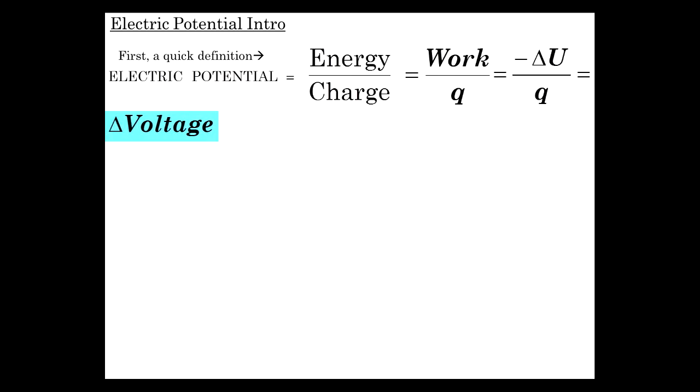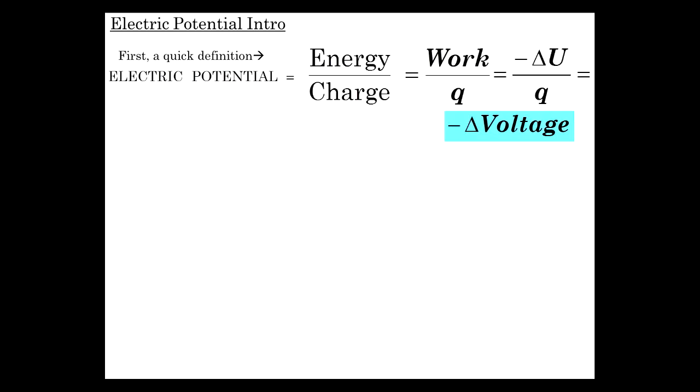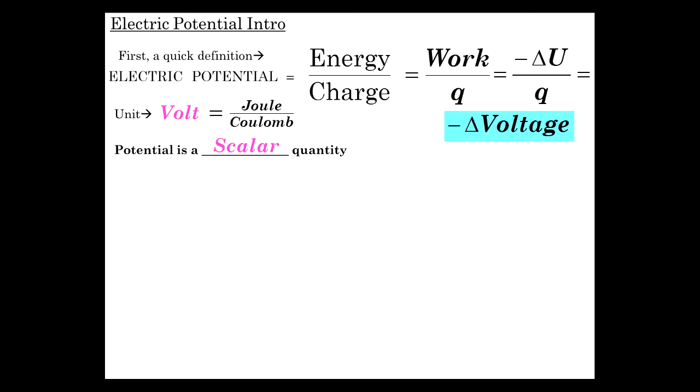And that's called the negative change in voltage. So that's what we have, with the unit being the volt, which is a joule per coulomb. Keeping in mind that potential, even though it relates to vectors, is itself a scalar quantity.